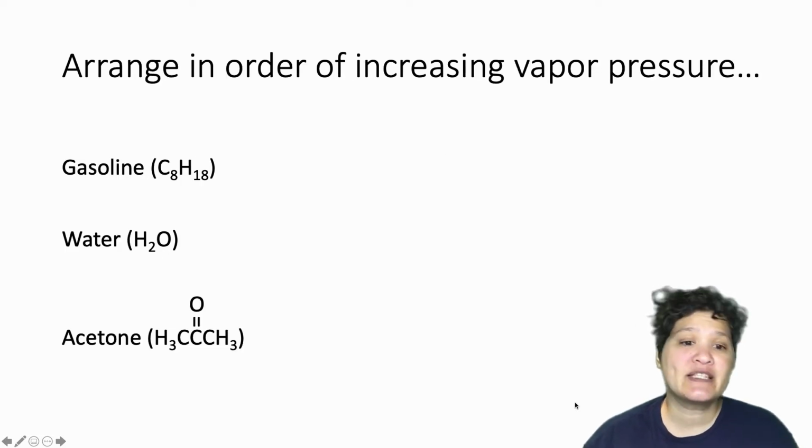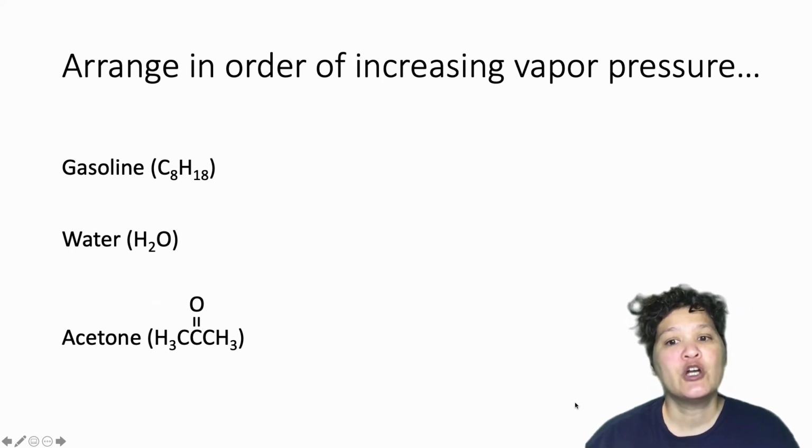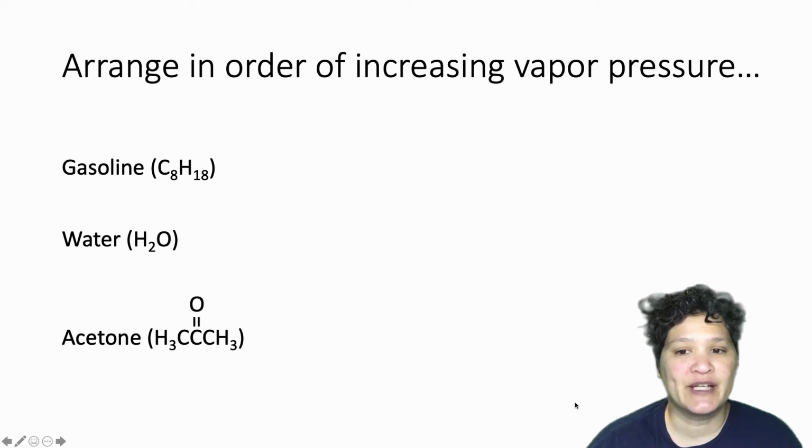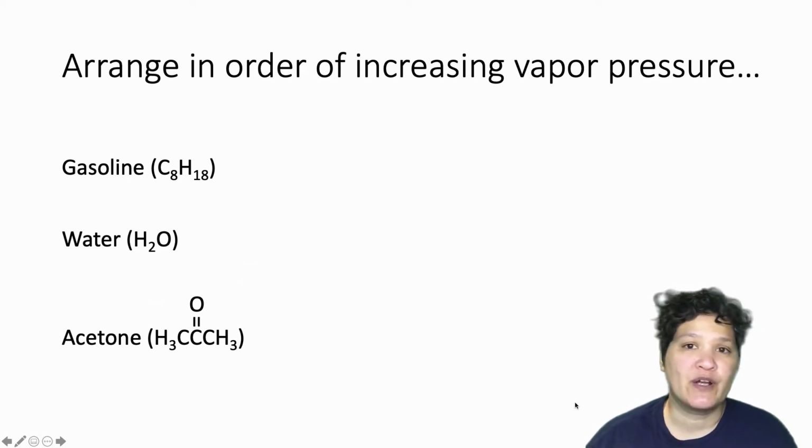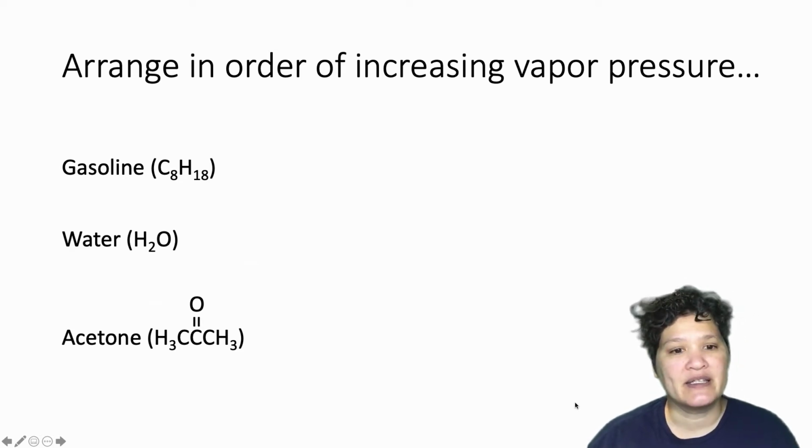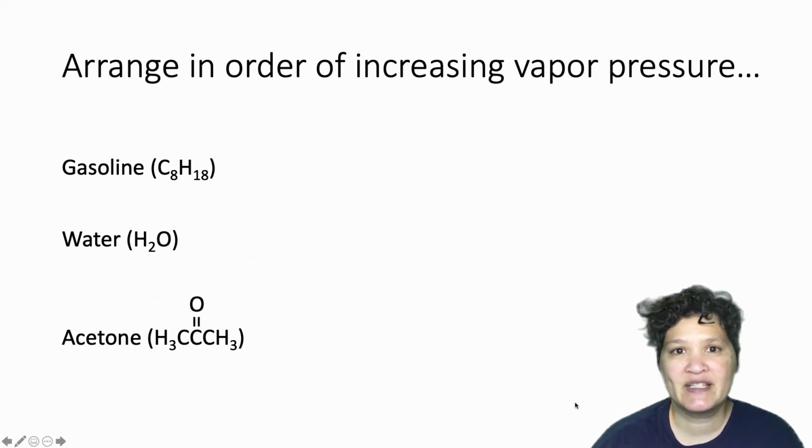Given that knowledge, let's look at a series of 3 molecules and try to arrange them in order of vapor pressure. We'll do this by thinking about the intermolecular forces, and in order to do that, we have to evaluate whether or not the molecules are polar. So gasoline, which is mostly octane, C8H18, has only carbon-carbon and carbon-hydrogen bonds, and none of those will have a very big electronegativity difference.